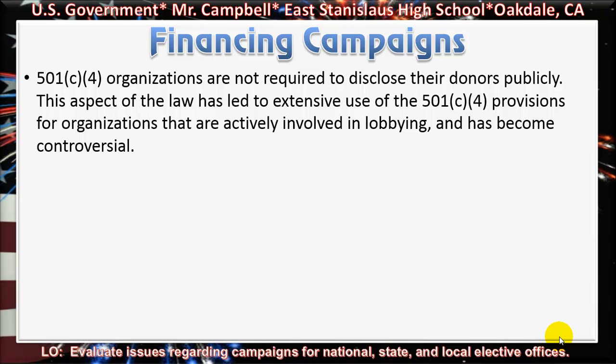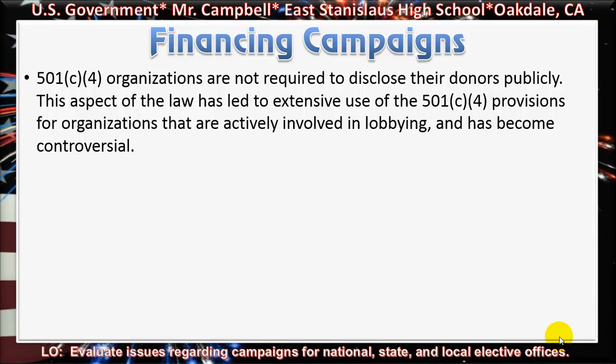See, let's say a company had a super PAC. Well, the super PAC may have to disclose their donors, and their donor may be their own 501c4 organization. But the 501c4 doesn't have to disclose its donors. Therefore, it allows them to circumnavigate the law.